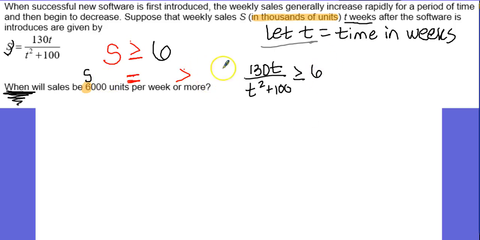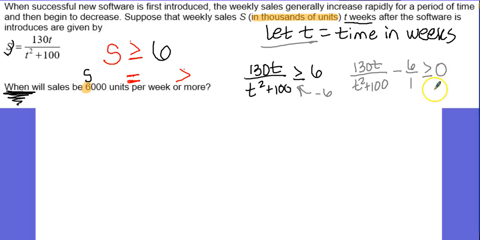Okay, so to solve this, we're going to make it greater than or equal to 0. So the first thing we're going to do is subtract 6 and put it on the other side. So we get 130t over t squared plus 100 minus 6, I'm going to put that over 1 if you don't mind, is greater than or equal to 0.